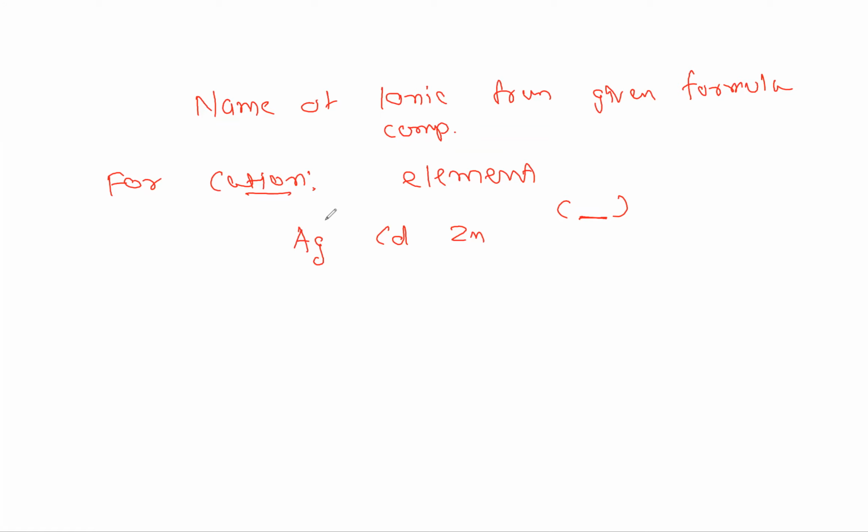It means Ag is always going to carry a +1 charge. Cadmium, I think always +2. I don't remember. Cadmium should be +2. Yeah, I just checked, you can check this out later, or I might correct myself later on. But cadmium I think is +2 and zinc is always +2.